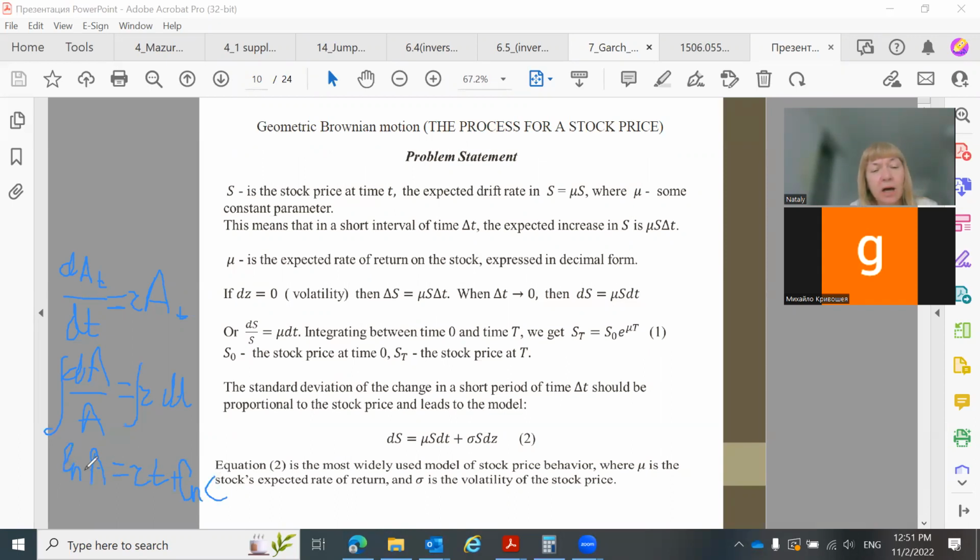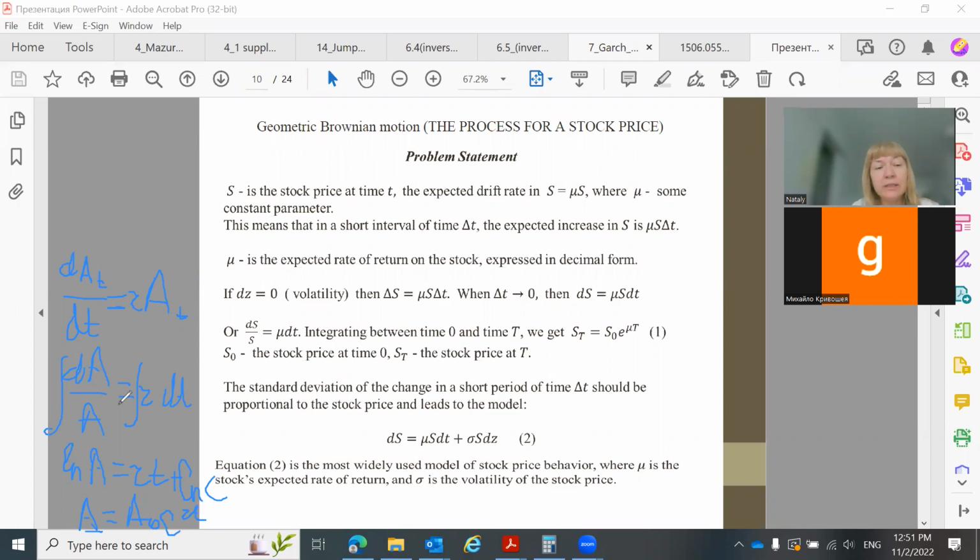and after that ln A minus ln C will be ln A divided by C, so A equals C or A0 multiplied by e to the power rt.